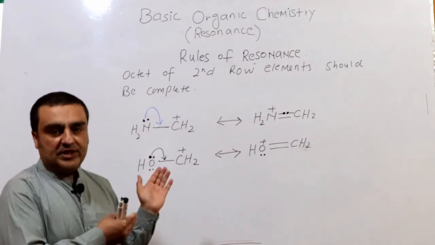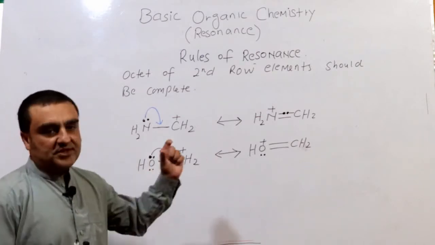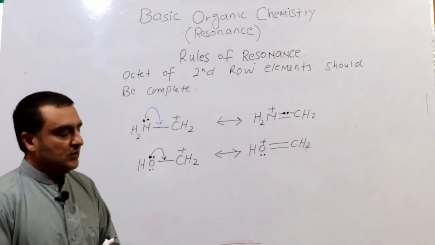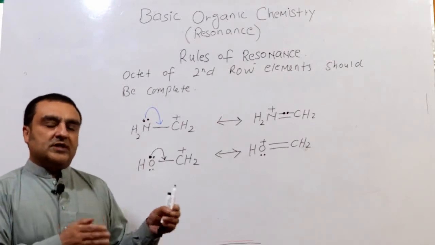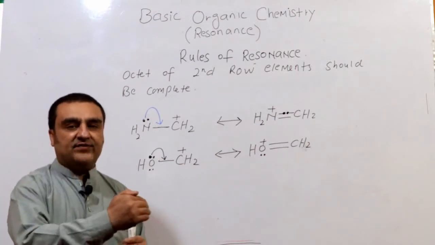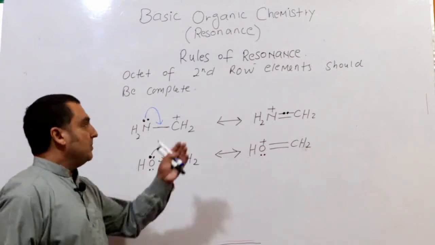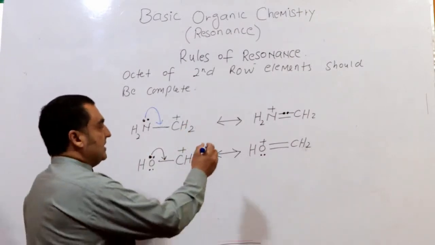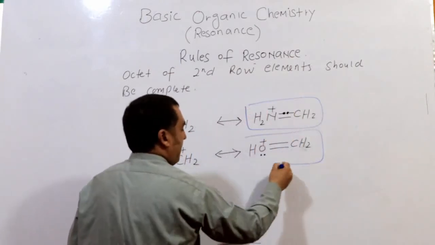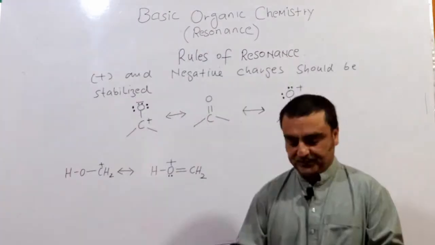When we understand these things, then we will be able to understand the actual structure. These are the tools that will help us understand the actual structure of those molecules which cannot be represented by a single Lewis structure, because that is our target and we are moving slowly towards it. So according to the above definition, these structures on the right are better than their left counterparts.